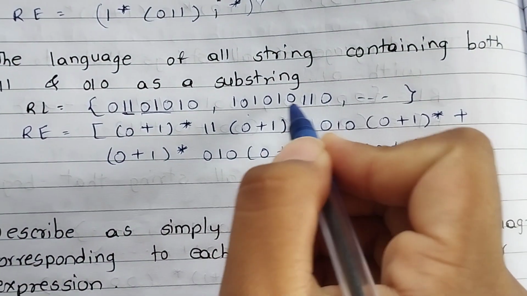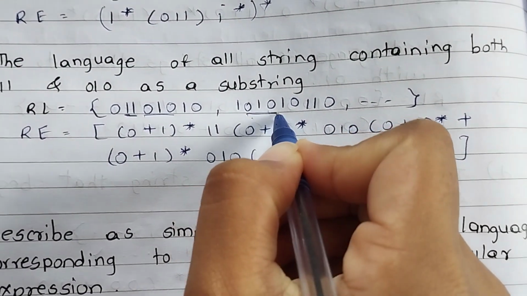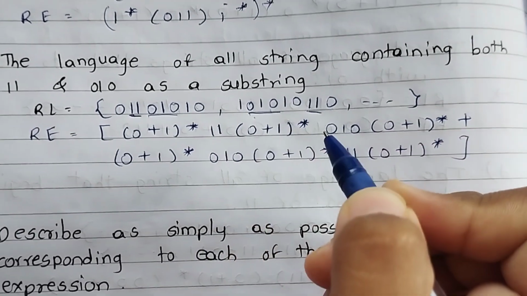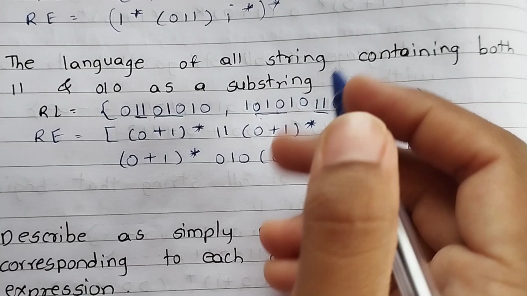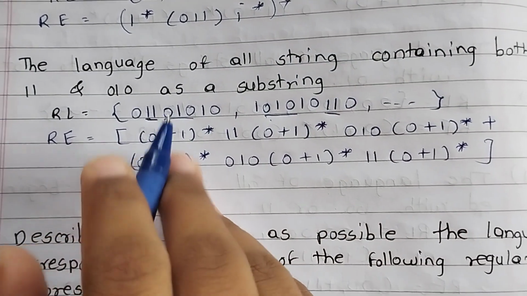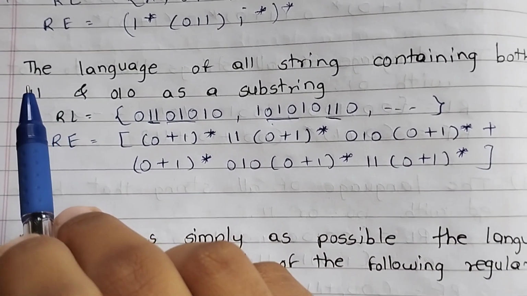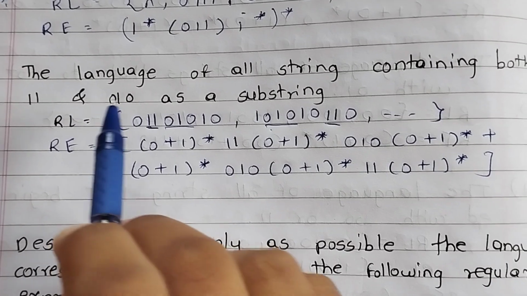If we see here, first 101 comes and then 11 comes, meaning any combination of 1 and 0 is possible, but the condition is that it must contain 11 and 010.